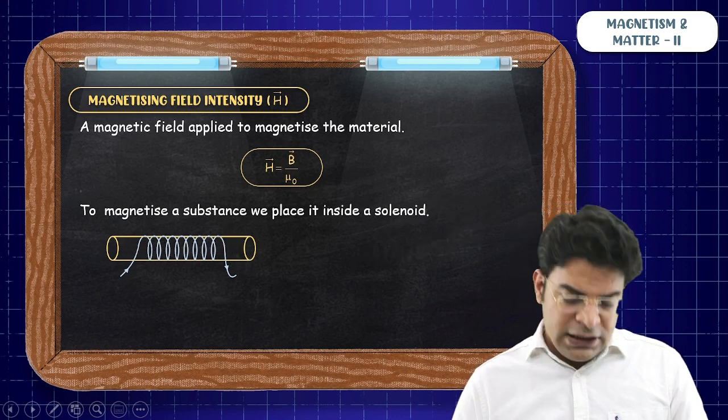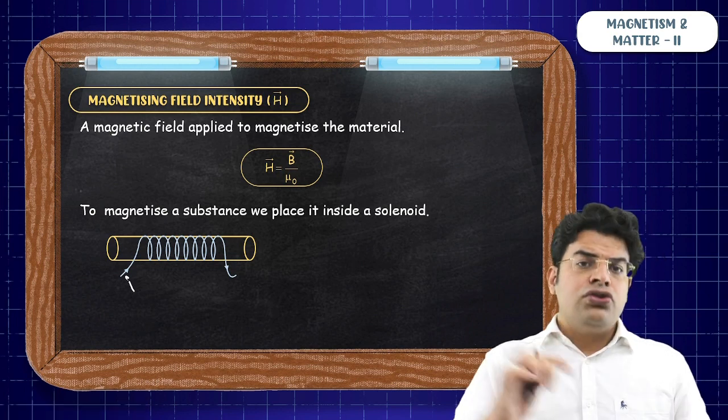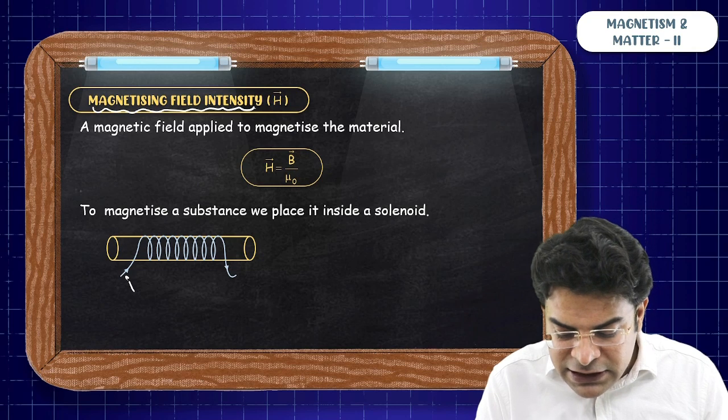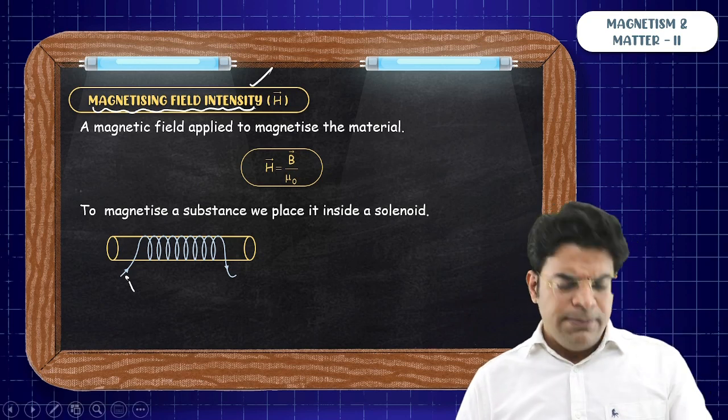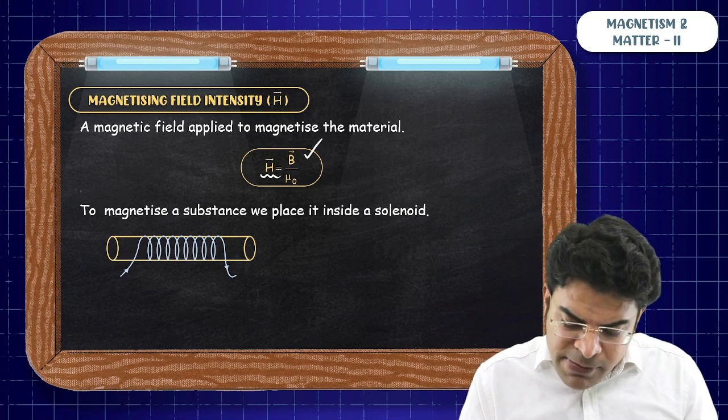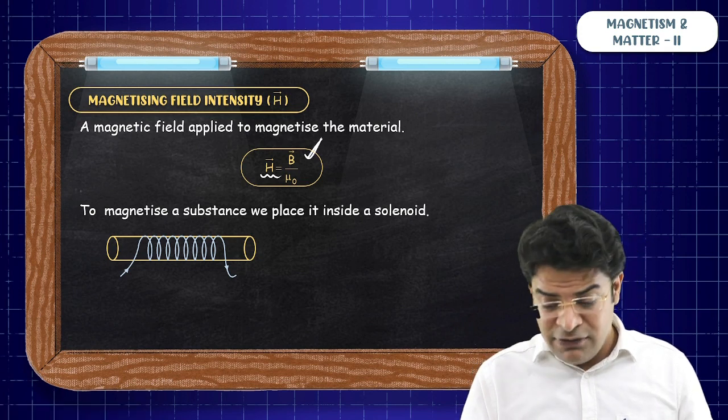Now the question is, if a current I flows through the solenoid, what is the magnetizing field intensity inside the solenoid? It's a simple thing. Magnetizing field intensity is the applied magnetic field to magnetize a substance divided by mu naught.